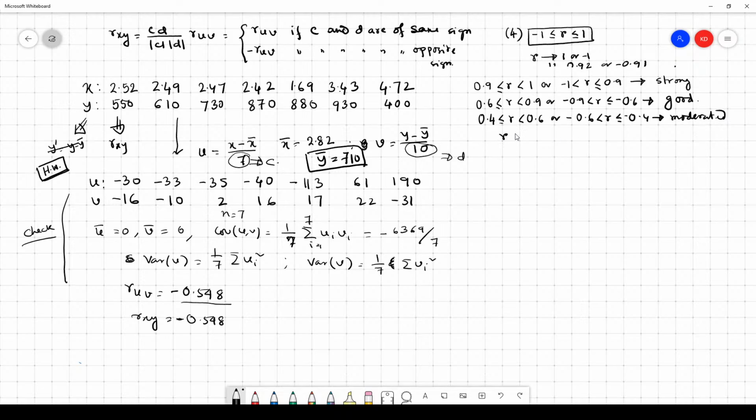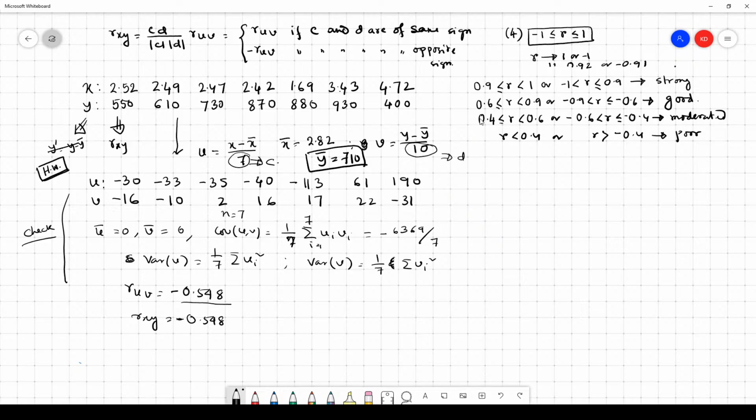And if R is less than 0.4 or greater than minus 0.4, it is poor correlation.